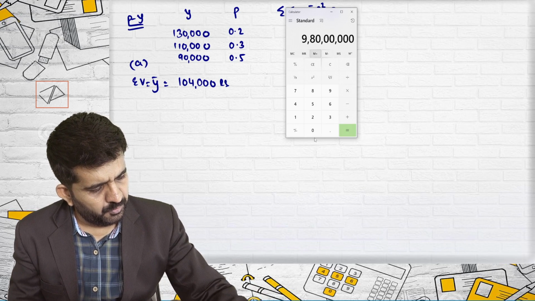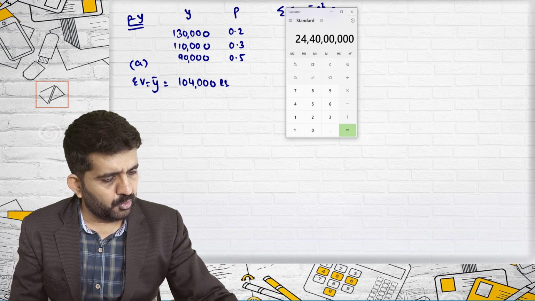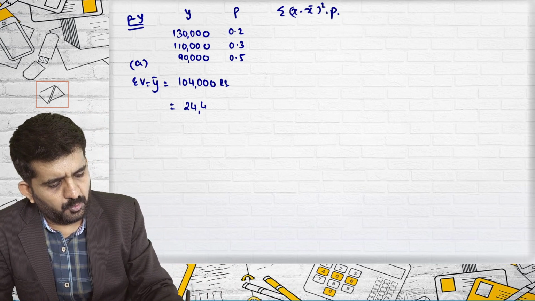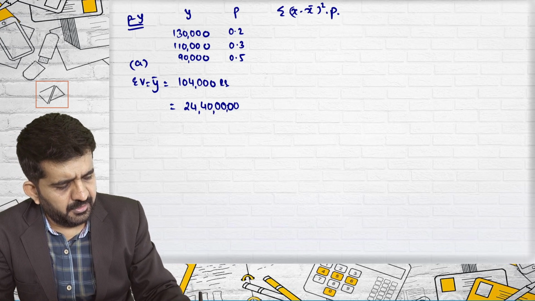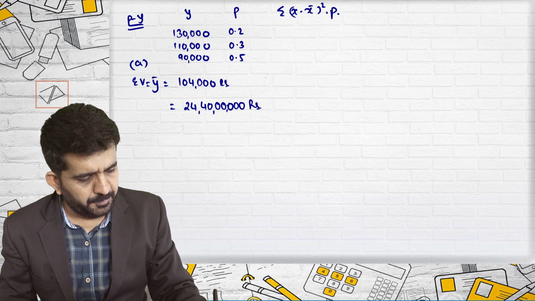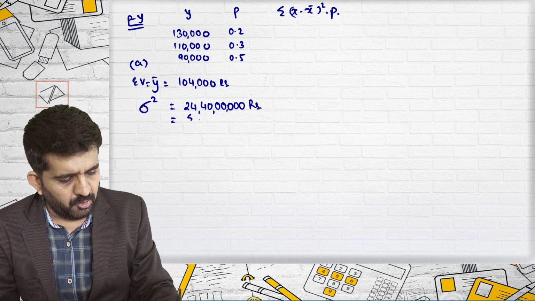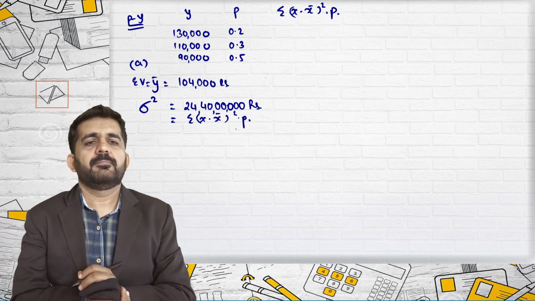The sum is 24 crore 40 lakhs, which is nothing but variance, which I have found out by sigma x minus x bar whole square into P.